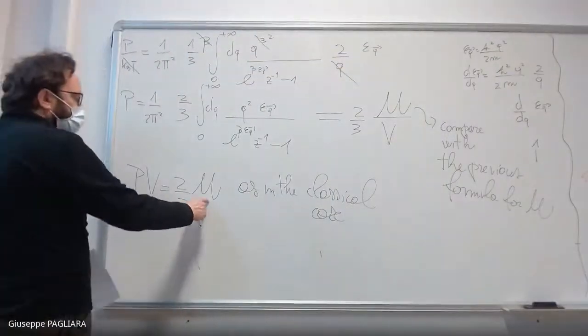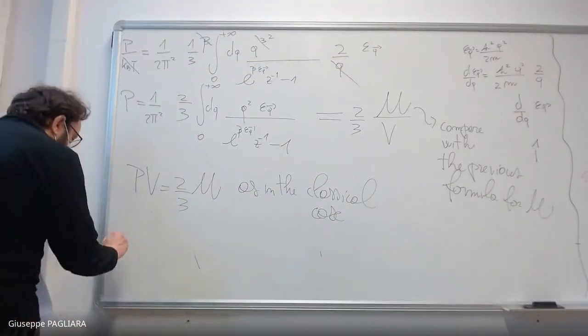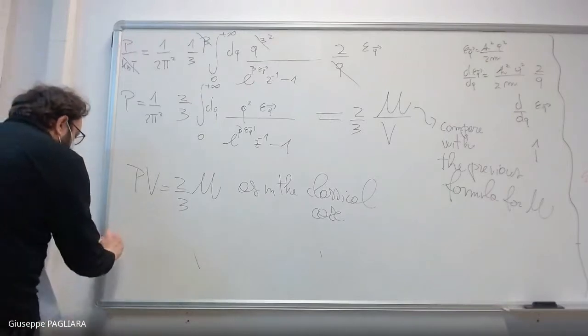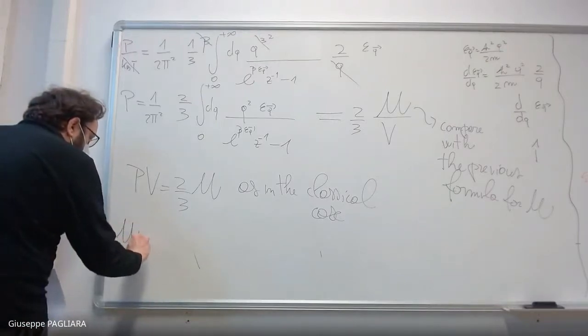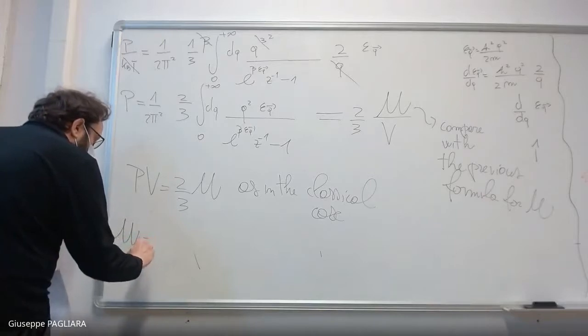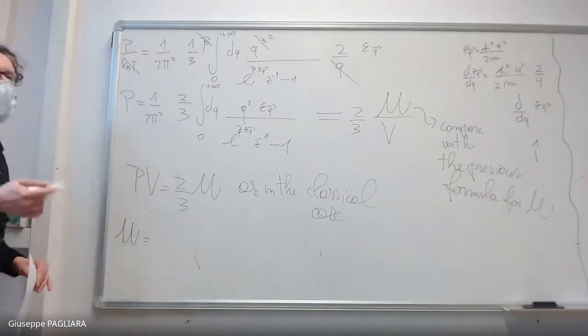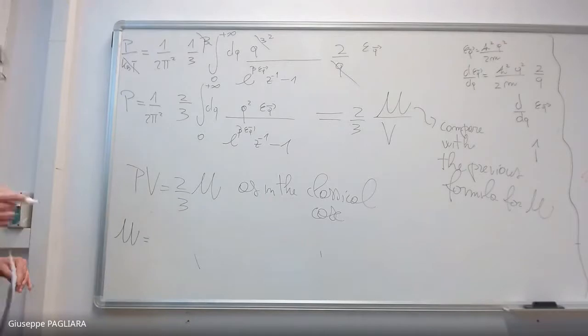This is as the classical case, because in the classical case, what is U? U is 3/2 kBT times N, no?